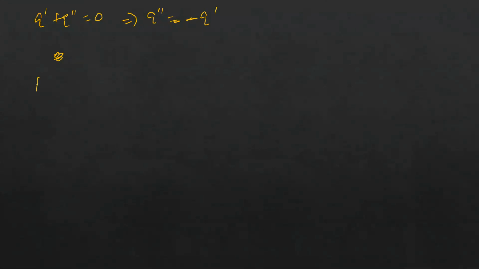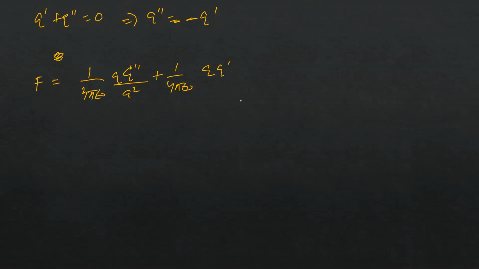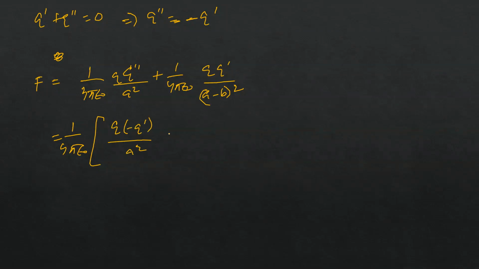So the expression changes to 1 by 4 pi epsilon naught q double dash by a square plus 1 by 4 pi epsilon naught q q dash by a minus b whole square. So in place of q double dash I will put minus q dash, and take 1 by 4 pi epsilon naught out: q into minus q dash divided by a square plus q dash divided by a minus b whole square.